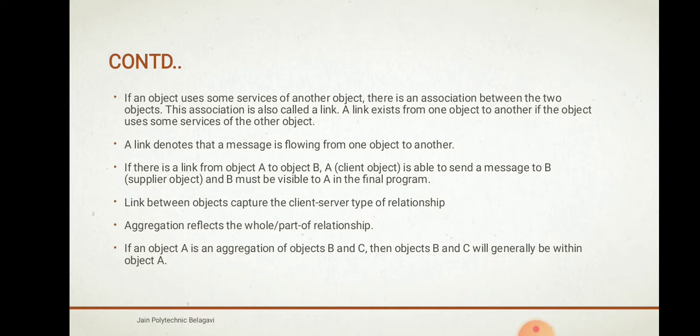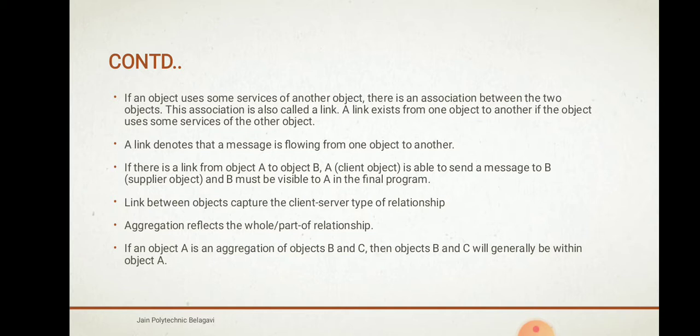Now if there is a link from object A to object B, a client object A is able to send a message to the supplier object B, and B must be visible to A in the final program. So a link between objects captures the client-server type of relationship. A is the client able to send the message to B, and B must be visible to A, because A should know to whom it is sending in the final program.